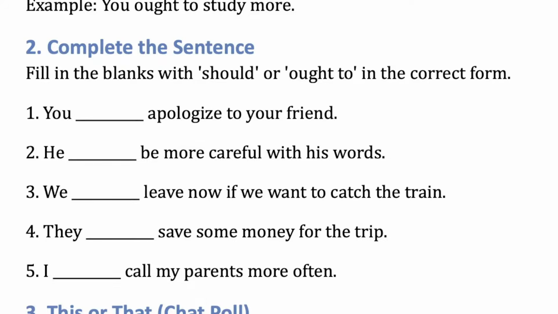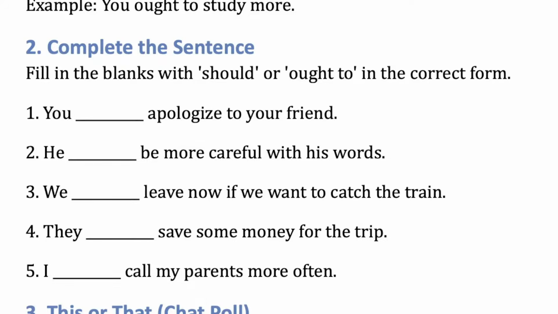Helga, 4, you have ought to. They ought to save some money for the trip. Yeah. Right, so that is expected, right? So you need money for a trip, and so we ought to save money, right? That's expected. It's not free to travel. Taking a trip is expensive, right?